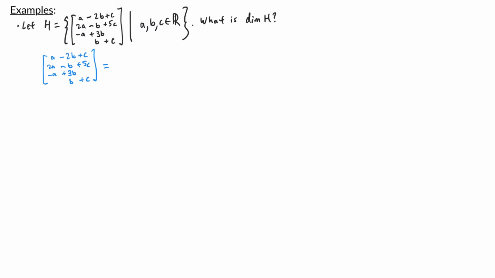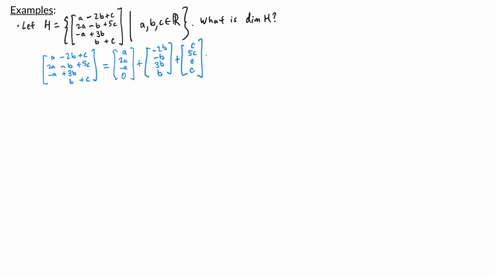So what we're going to do is take a vector that looks like this and break it apart. I'm going to separate the vector into 3 parts. A vector with the a terms, a vector with the b terms, and a vector with the c terms. So I have the sum of the vectors (a, 2a, negative a, 0), plus (negative 2b, negative b, 3b, b), plus (c, 5c, 0, c).